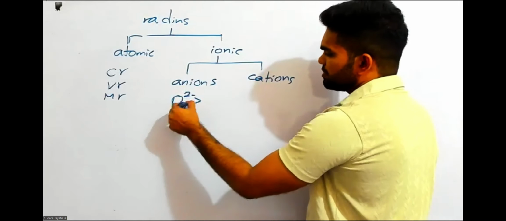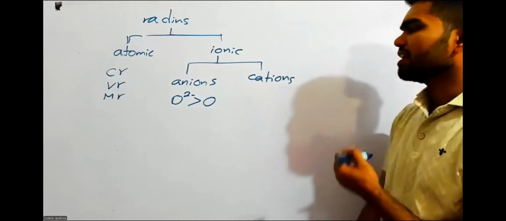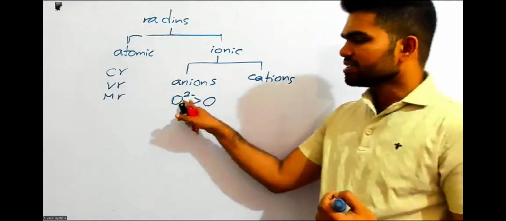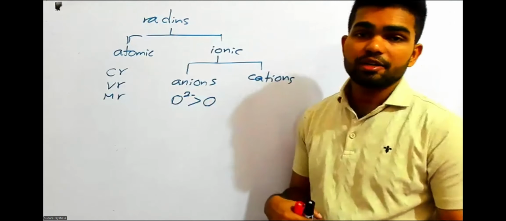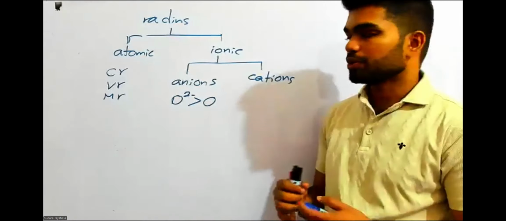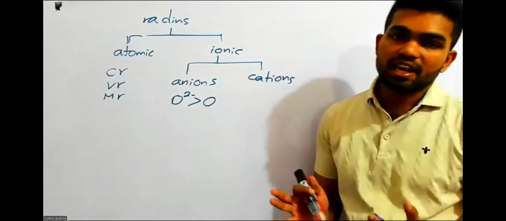O2 minus will always be greater than the oxygen atom's radius. Why? Because there are more electrons in the oxide ion, and those electrons repel each other. Due to electron repulsion, the radius of that ion gets larger.